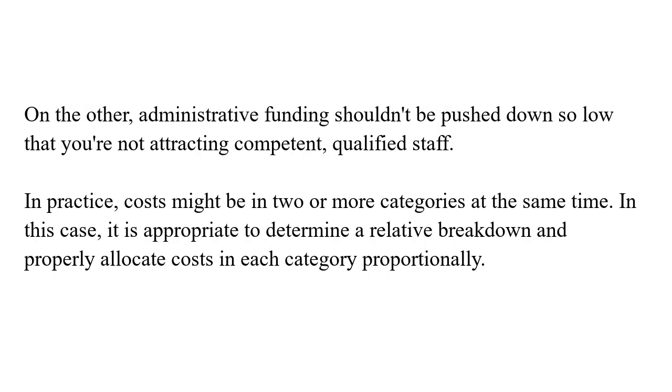In practice, costs might be in two or more categories at the same time. In this case, it is appropriate to determine a relative breakdown and properly allocate cost in each category proportionately.